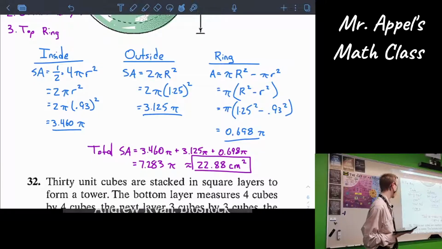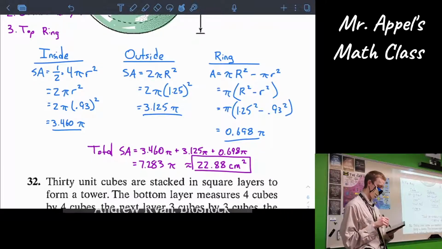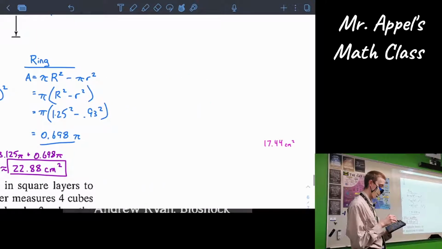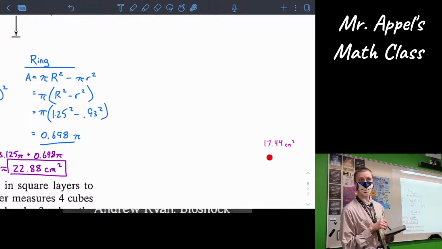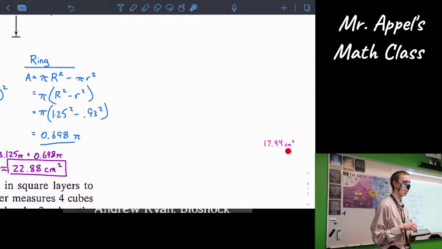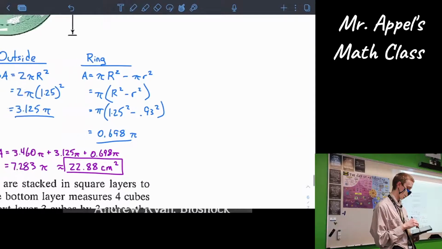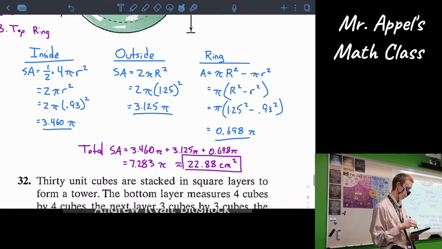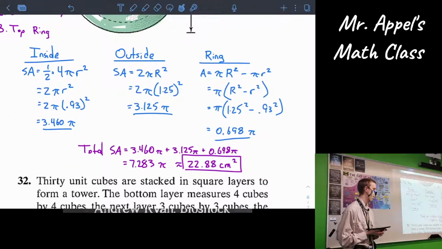I am not happy with that. That is not what I had. Guys, we overshot. Something is wrong here. Can anybody spot what it is?